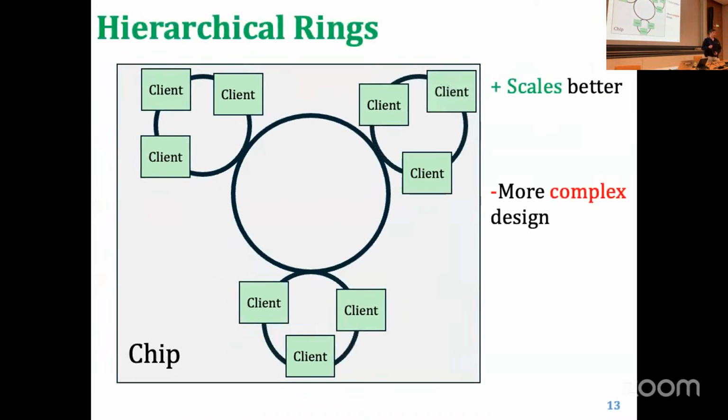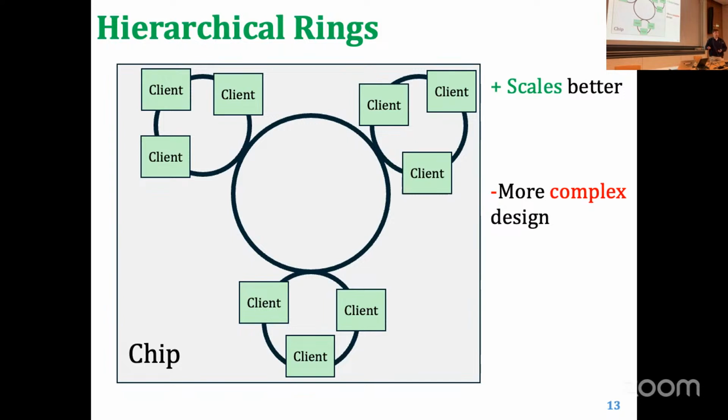If we want to scale rings even more, the best choice is to make them hierarchical, which means that we will have multiple levels of rings, and the information will go from the higher levels to the lower levels. Once it stays there, we have all the advantages of the small rings, because they are just a bunch of smaller rings with some cores on them. So what's the disadvantage of a hierarchical network?